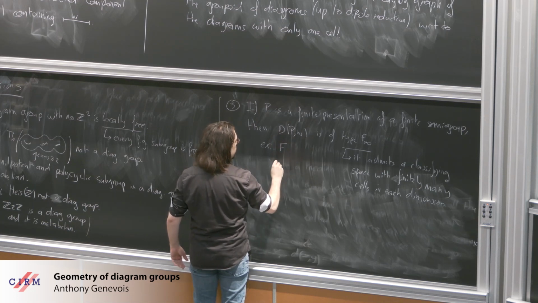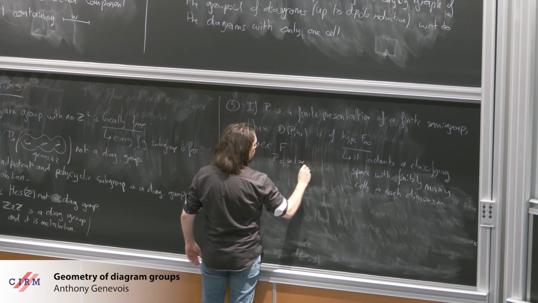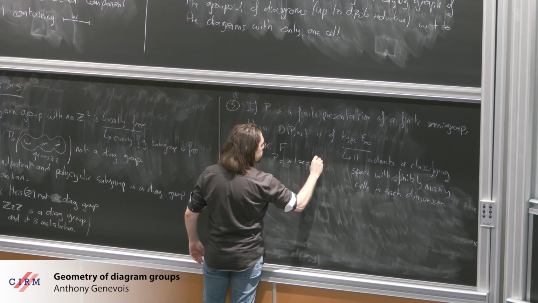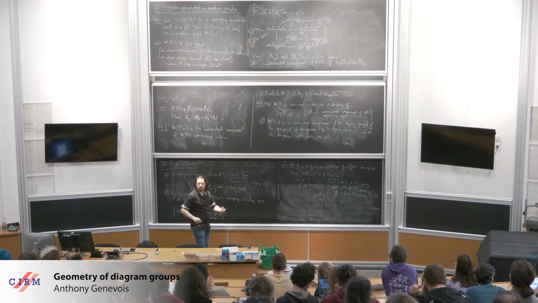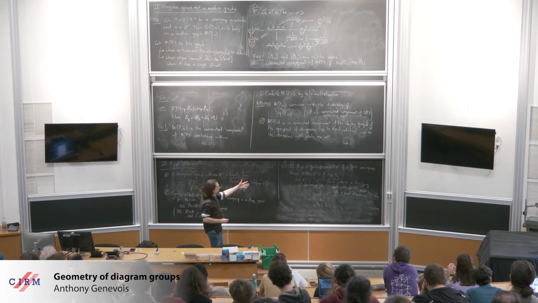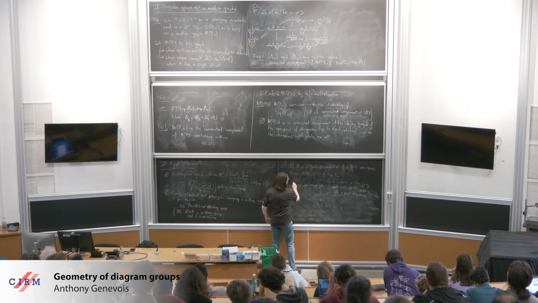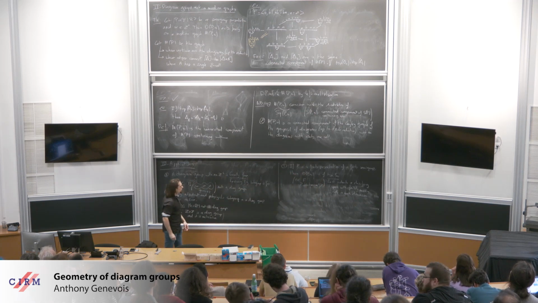Okay, remember that in this case, the presentation P is just one generator and the relation is x equals x squared. So this is a finite presentation of a finite semigroup. So from this statement, it follows that F is of type F infinity. All right.